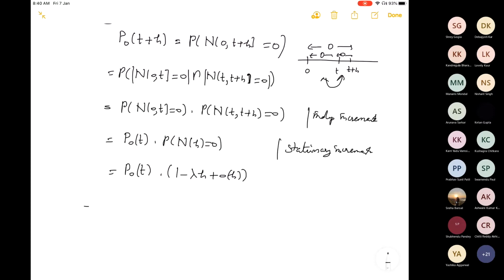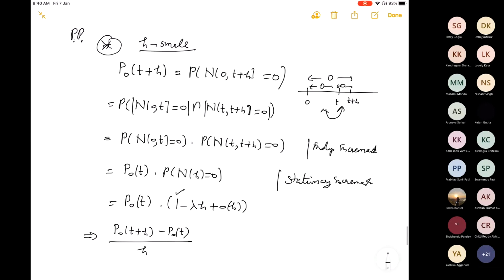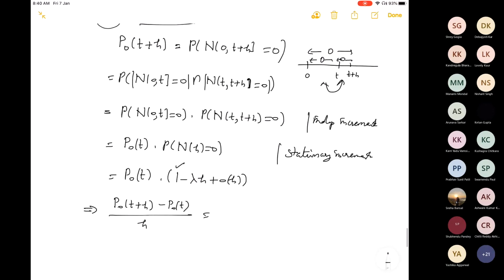So therefore, we will get P naught (t plus h) minus P naught t. Let me divide by h also. I am taking this value to the other side, and the remaining value here is minus lambda h P naught t, and dividing by h, minus lambda P naught t, plus something of order small oh, P naught t upon h into oh.